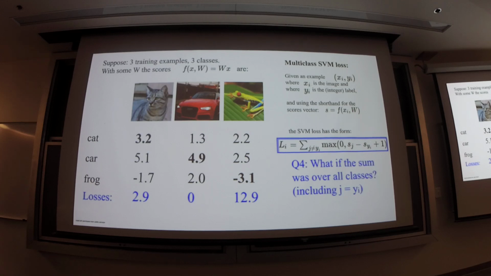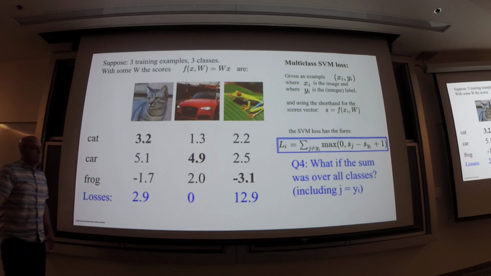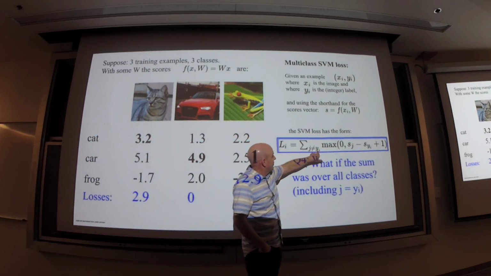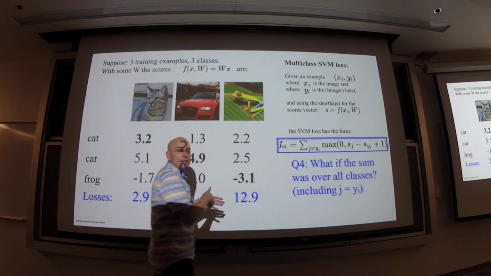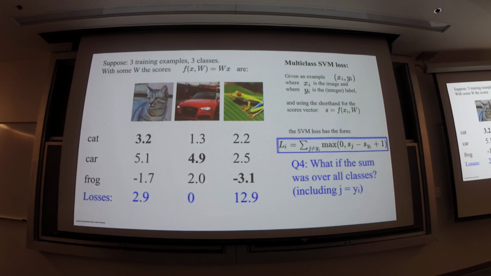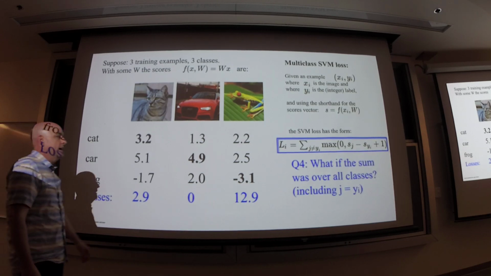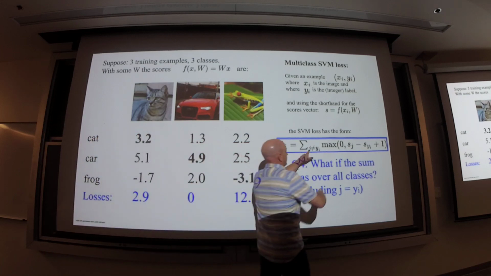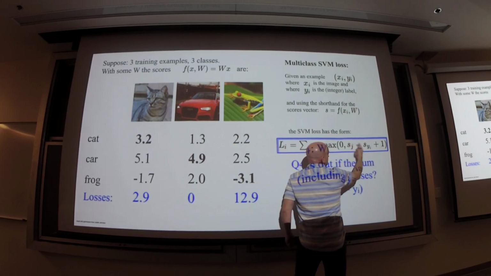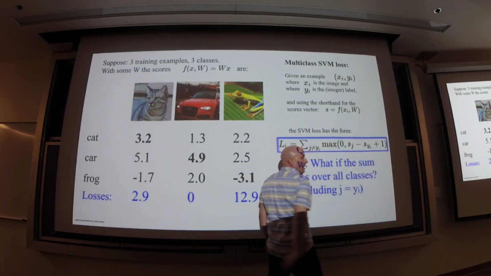What would happen here if we summed over all the classes? Maybe you're sitting there thinking, why on earth are we excluding the case where J is the correct class, Yi? What would happen in that case? We always keep having a 1. Yeah, exactly. When J is equal to Yi, this is equal to this, so this is 0, so you have a 1.